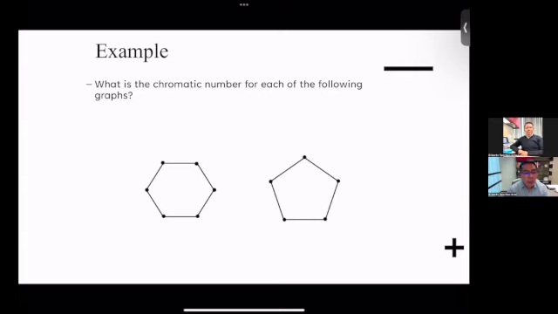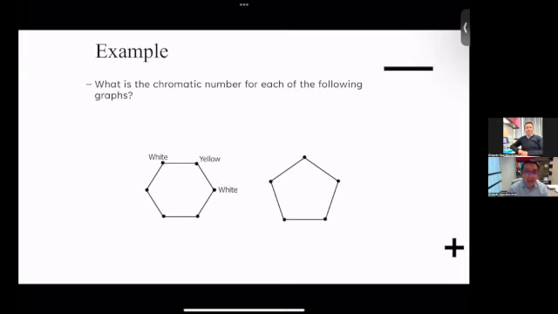Let's suppose that I start assigning colors. I will write them instead of painting. So white, then I need to use a different one. Let's suppose yellow. But then, of course, I could use blue for the next one, but not necessarily, because I could reuse the white, because this third node is not connected with the first one.